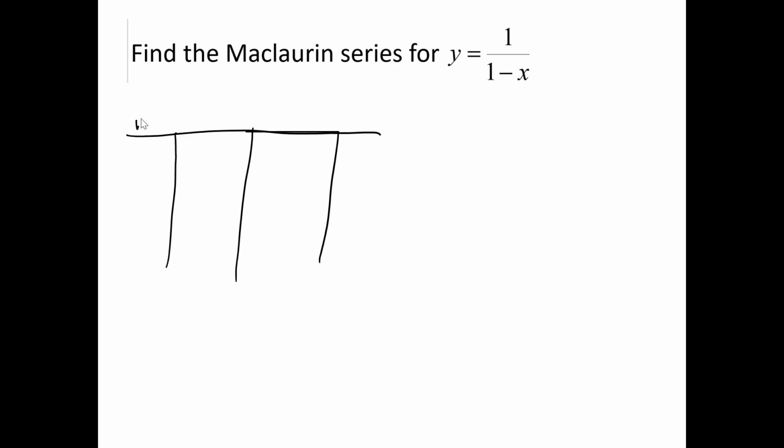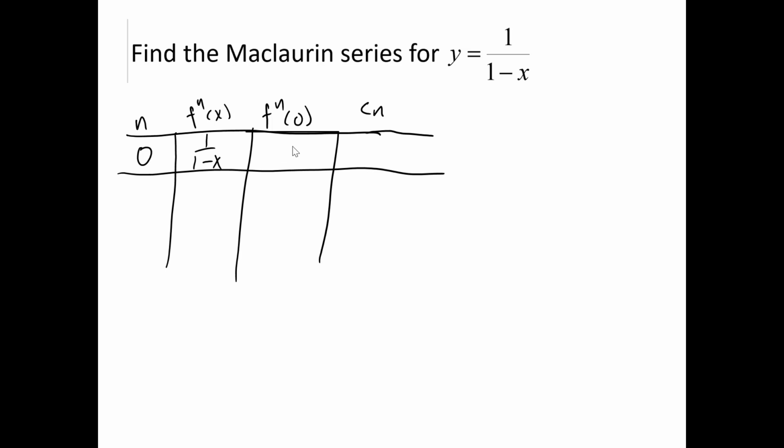So n, fn of x, fn evaluated at 0, and then cn. And so when n is 0, you have 1 over 1 minus x, and when you plug in 0, you get 1. And so then your C naught is 1.